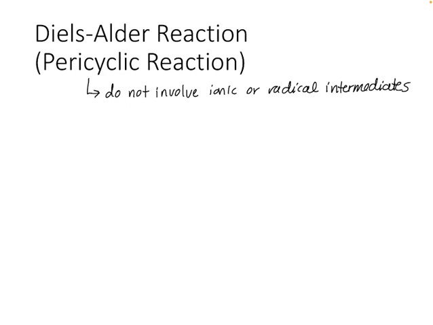All right, now in order for the Diels-Alder reaction to occur, we need a diene, so a molecule with two double bonds that are separated by a single bond. And we need an alkene, also called a dienophile.